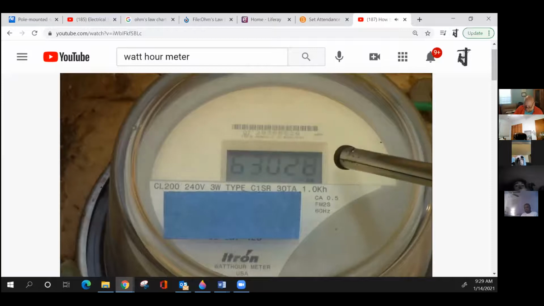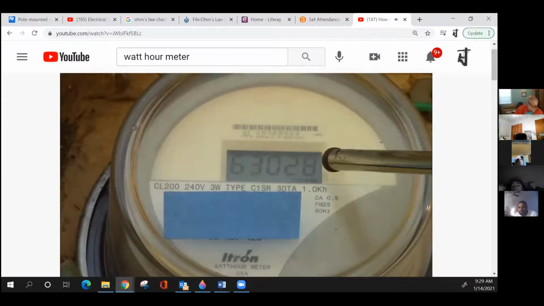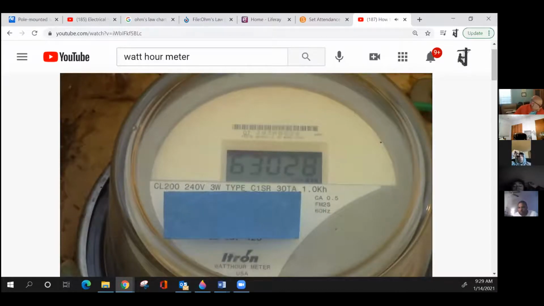Just like counting your pulse, you've got the timer there, 10 seconds, at least on this meter. Other meters might have a different rate, but just count the number of flashes of the main digits for 1 dot change, or if the dots are changing quicker than the kilowatt hour number flashes, count how many dots change in 10 seconds. Do whichever one is the easier one to count.